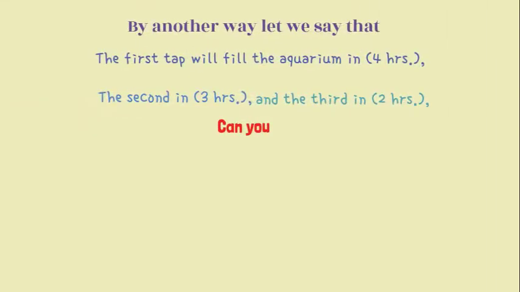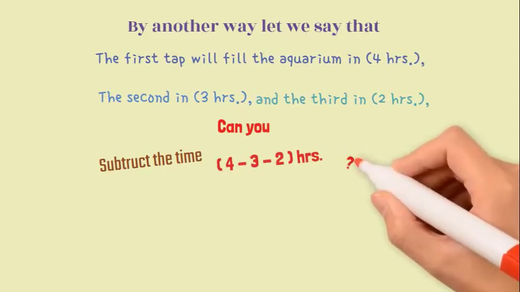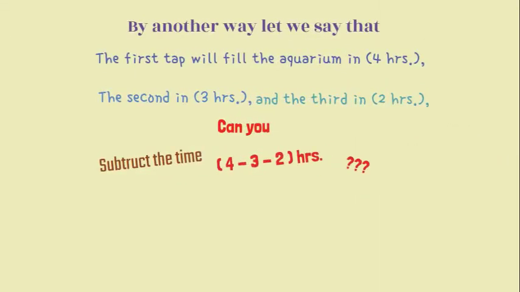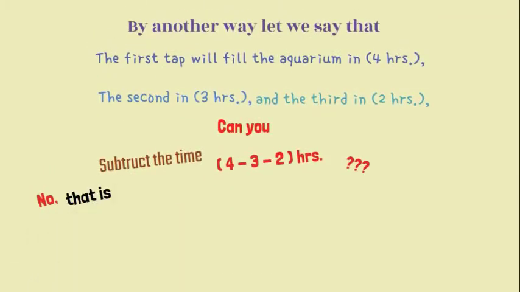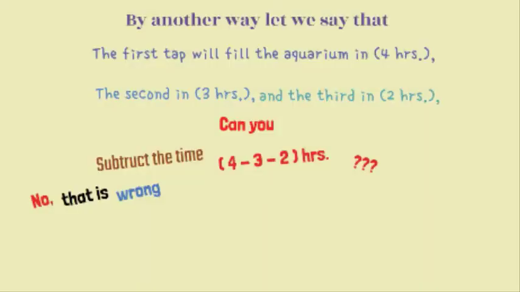Can you subtract that time, making 4 minus 3 minus 2 hours? No. That is wrong. Try to do this. You'll find that that is wrong.